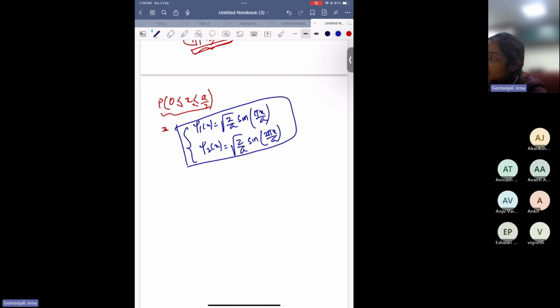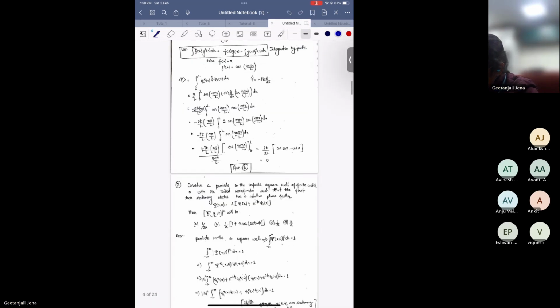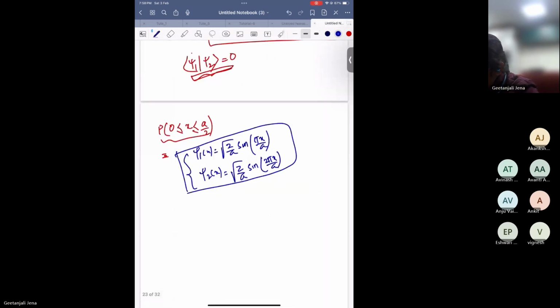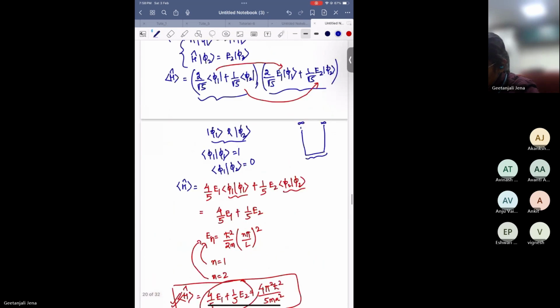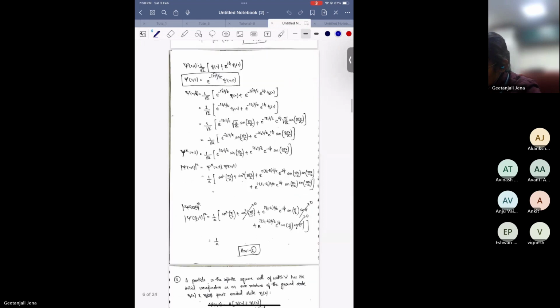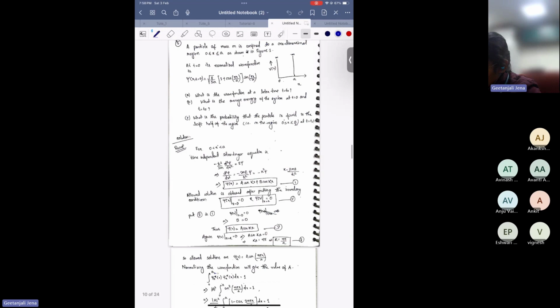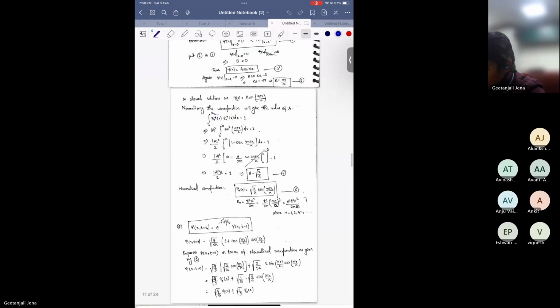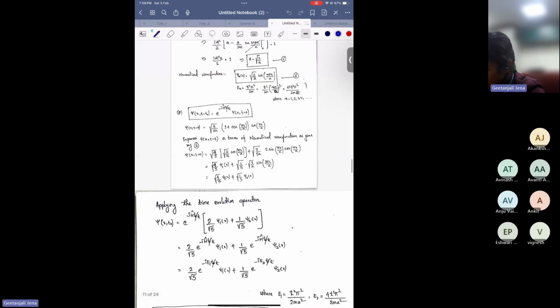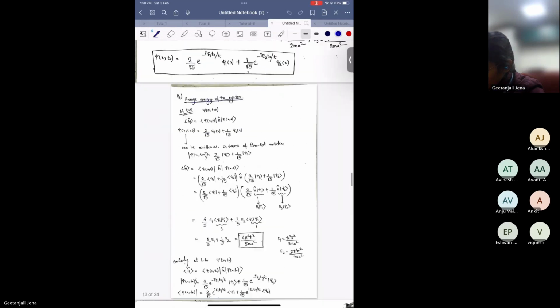solution you will get is, I think, let me see the solution. This is the fifth question. So the final solution, I have written down the whole procedure here also.